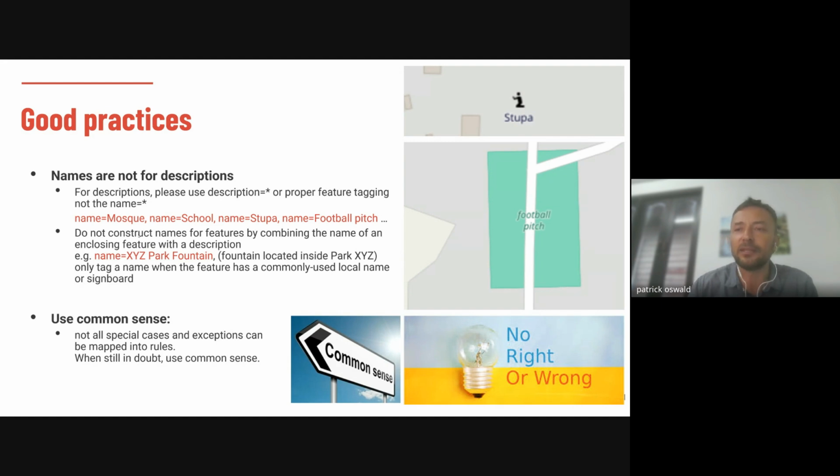Sometimes it's okay to use an abbreviation, especially if the abbreviation is completely well known and there's no doubt that people might interpret it in the wrong way. It's fine to use it. If the name would be super, super long, it's okay to make it a bit shorter. There are always exceptions, so use common sense. But it's always good to keep those good practices in mind when you tag and name features and try to use them.